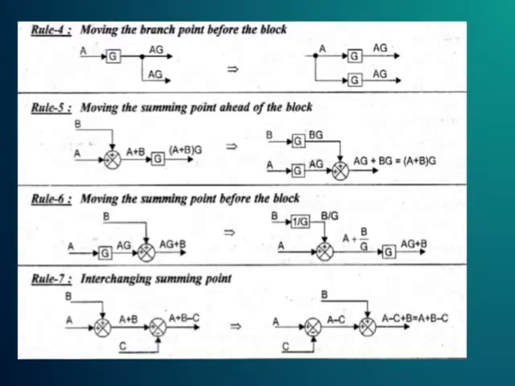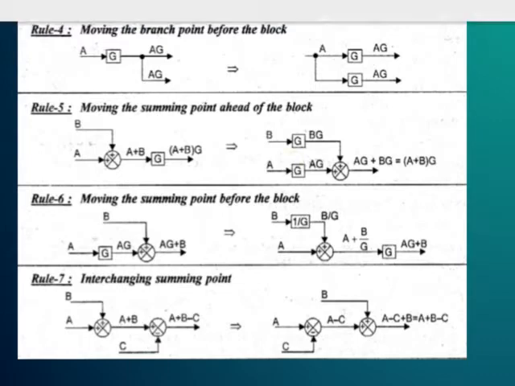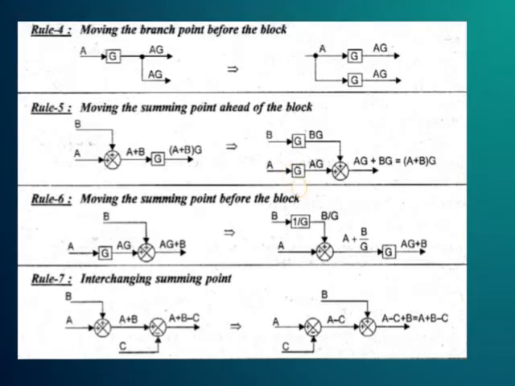It means moving the summing point, here the whole A plus B of G product we know is nothing but AG plus BG. So we can write the blocks here as A of G, B G.